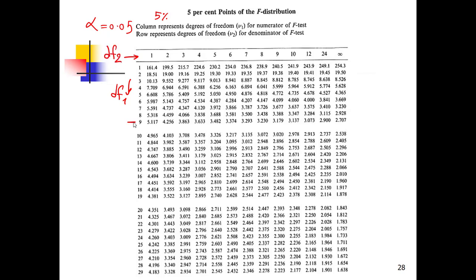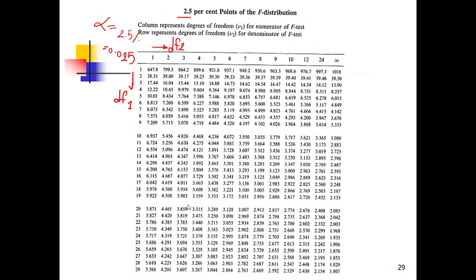First degree of freedom is 9, second degree of freedom is 12. So 9 all the way until 12. This is your F alpha, F value, 3.073.